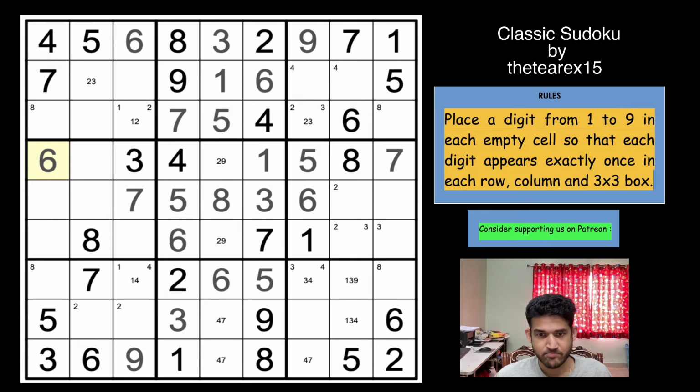So let me see here. I'm not seeing anything. Okay. This is 2 or a 9, and I'm seeing a pair.